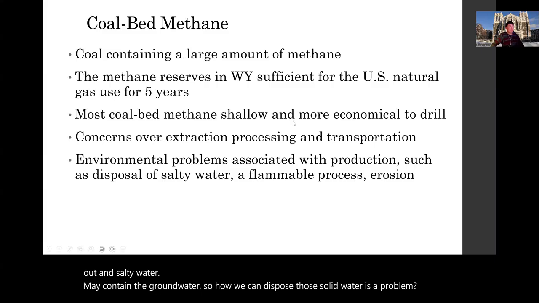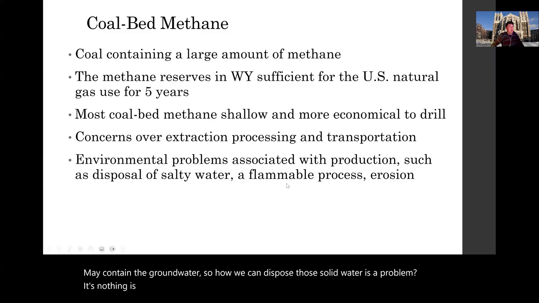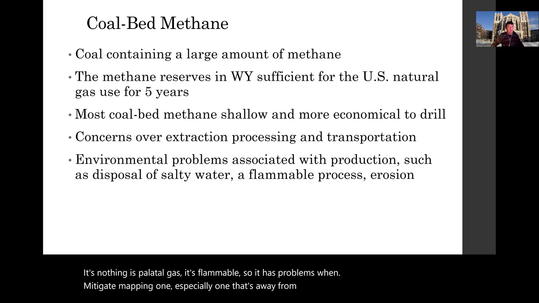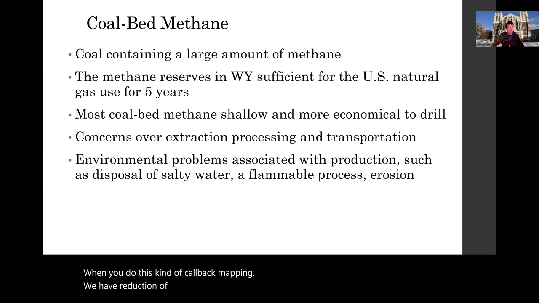This methane is a flammable gas. It's flammable, so it has problems when you mitigate methane, especially when it's away from well sites. When you do this kind of coal bed methane, sometimes we have reduction of crop production if we use the salty water to irrigate the crops.